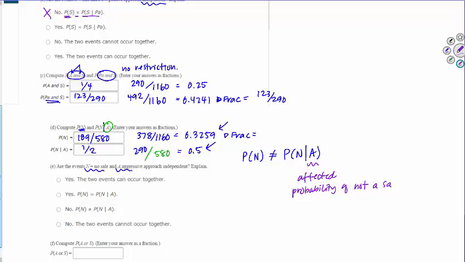Therefore, they are not independent, they are dependent. One affects the other.